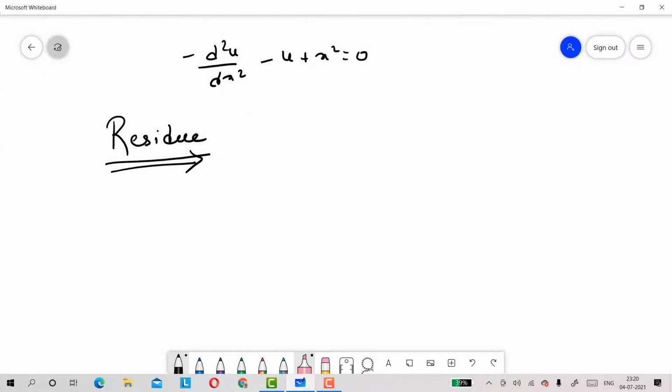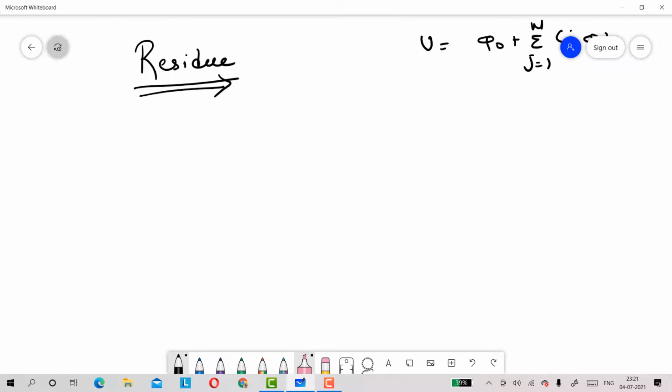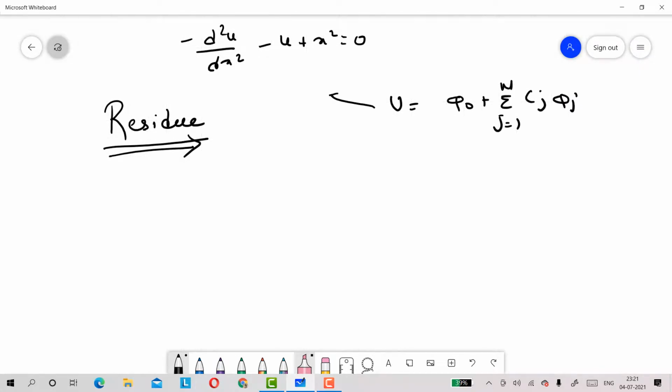We already know that u equals phi naught plus sigma j equals 1 to n of cj phi j. So we will put this value of u here.